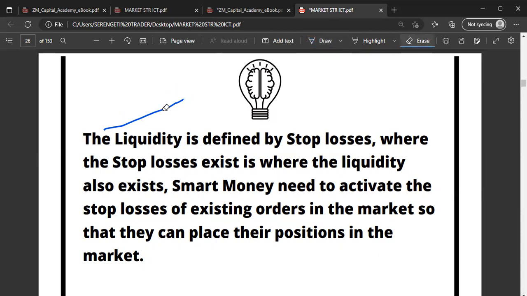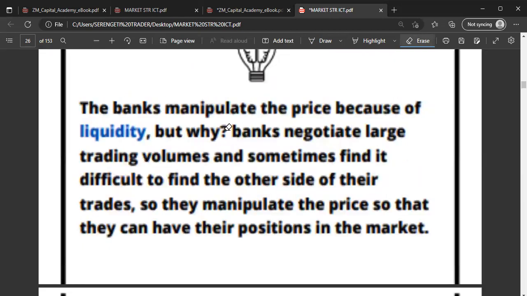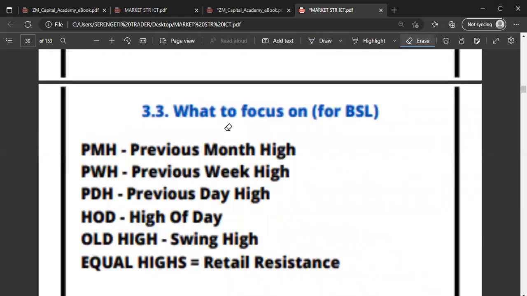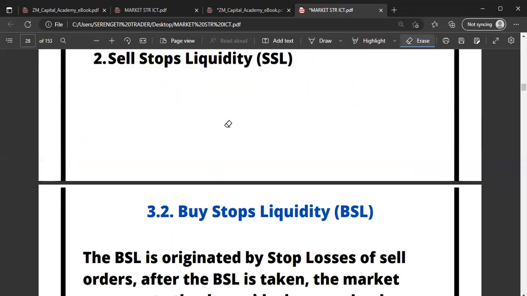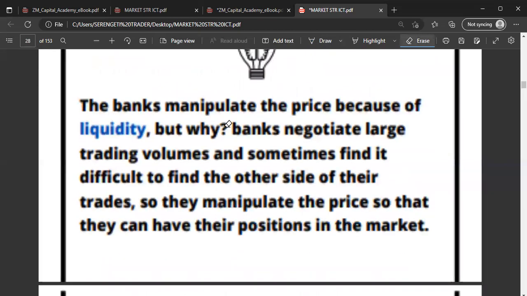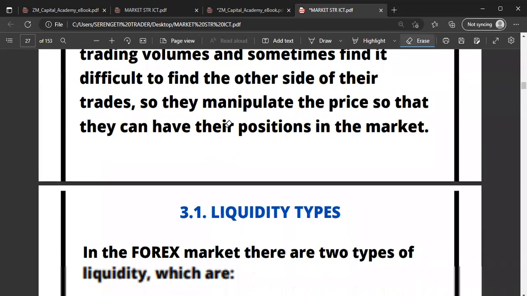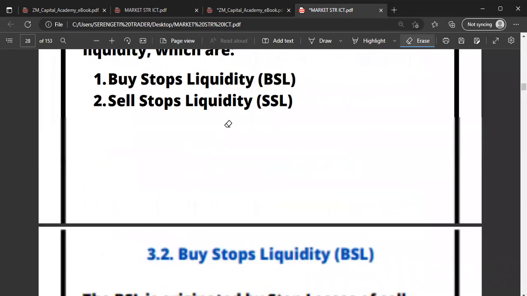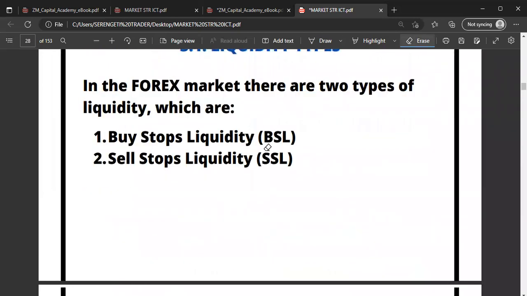So also there are types of liquidities which are easy to understand, and they are the ones that we actually use as liquidities. There is buy stop and sell stop liquidity.